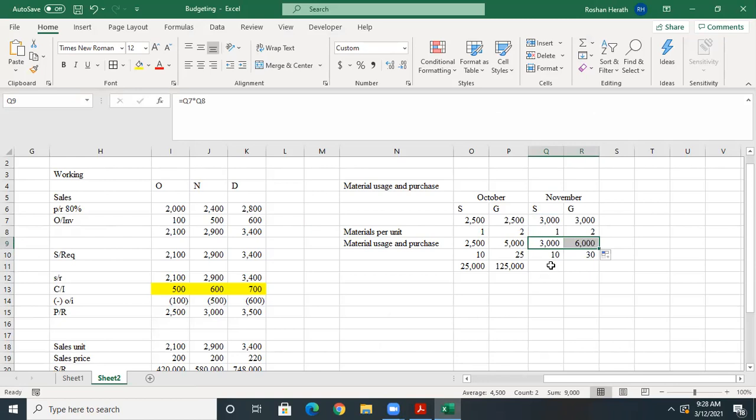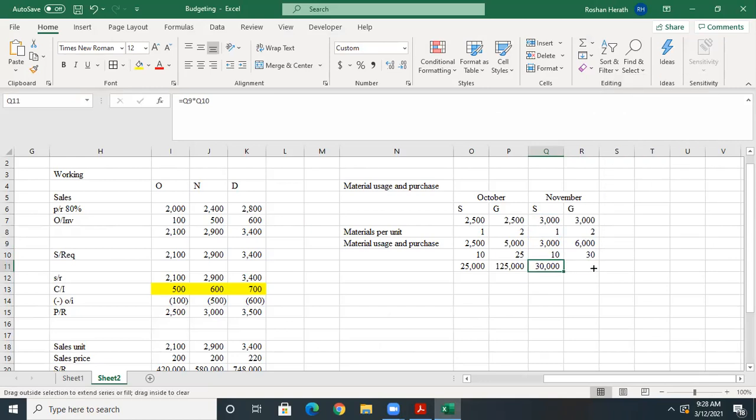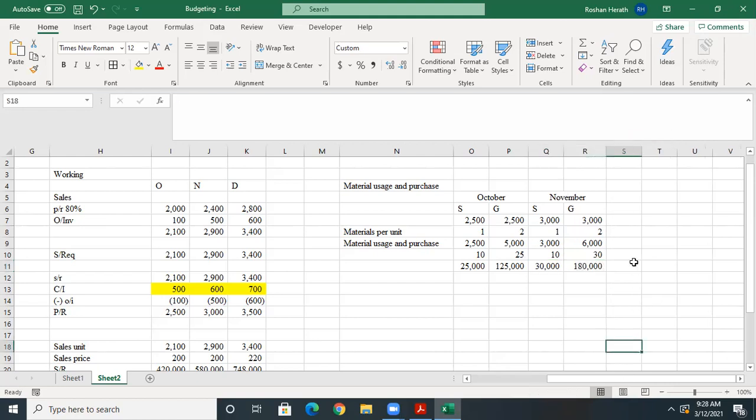So once you take the cost, it cost you this much, 30,000 and this much, 108,000 or something. And similarly, you can do the same for the month of December.